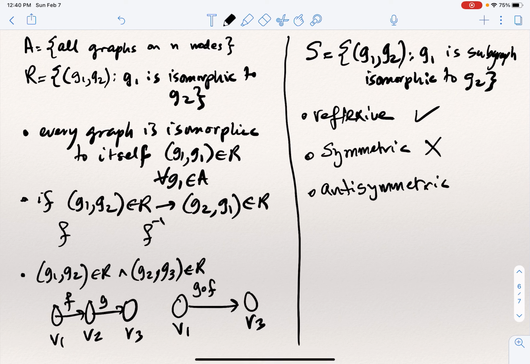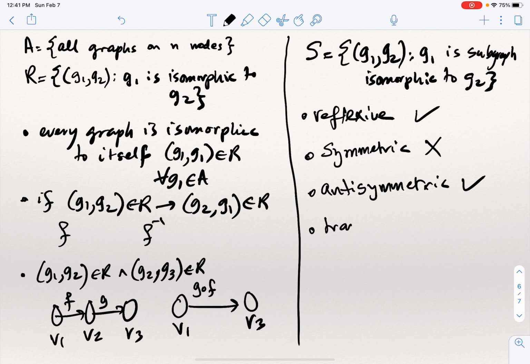What about anti-symmetry? If graph G1 is subgraph isomorphic to G2, and G2 is subgraph isomorphic to G1, does that mean that G1 and G2 are the same, or isomorphic? The answer is yes, they would be isomorphic. So we say G1 and G2 are equal in the sense that they are isomorphic to each other.